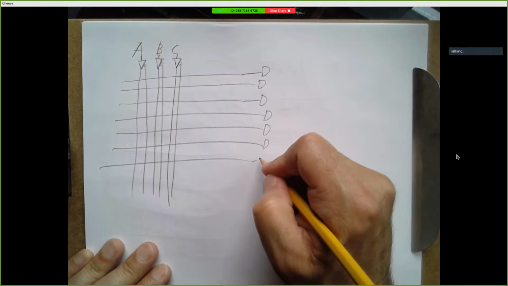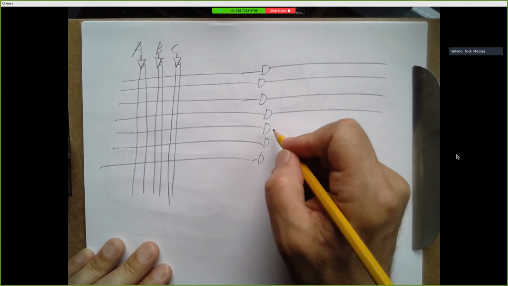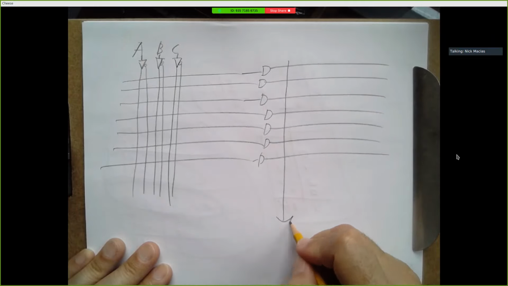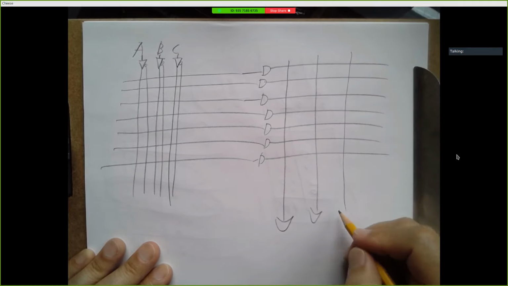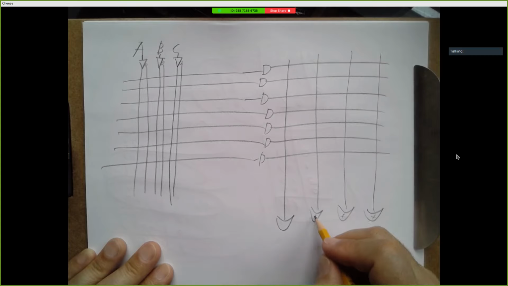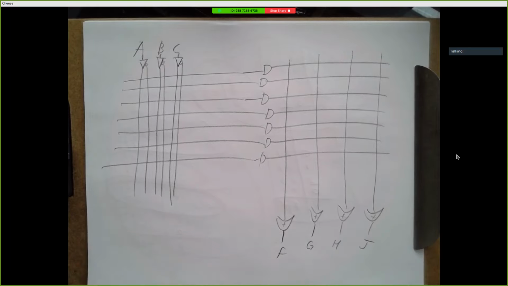And the outputs of those cross over with a series of wires going into OR gate symbols. Which can be called whatever.